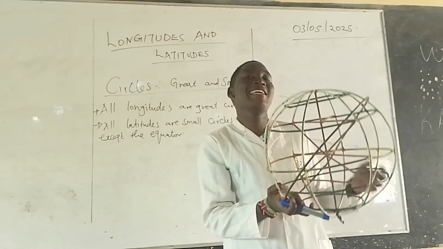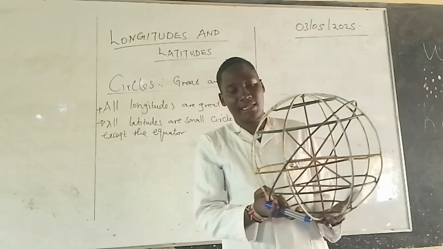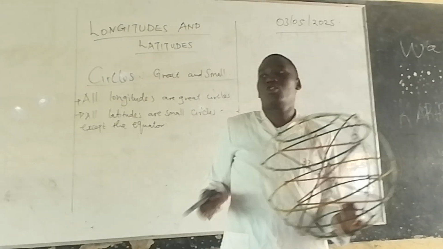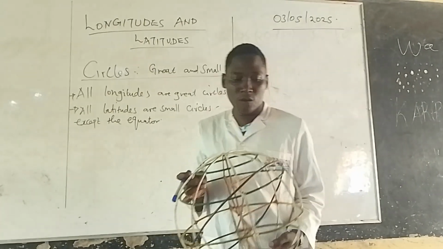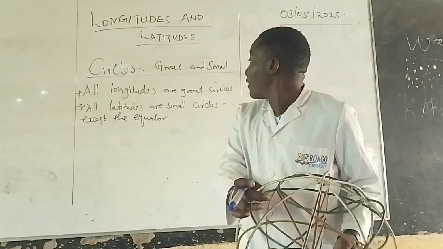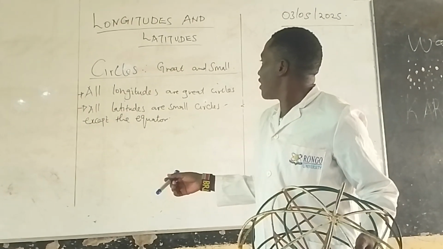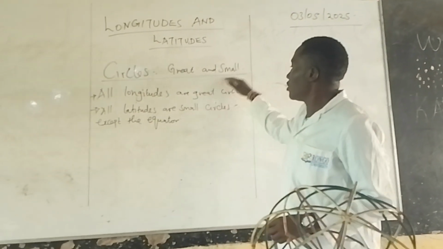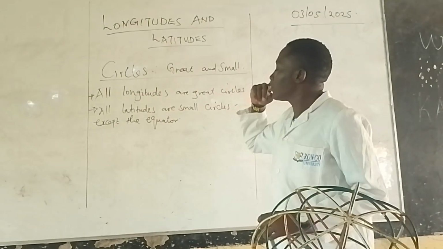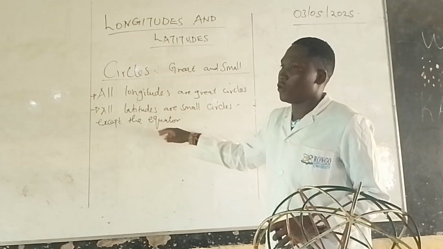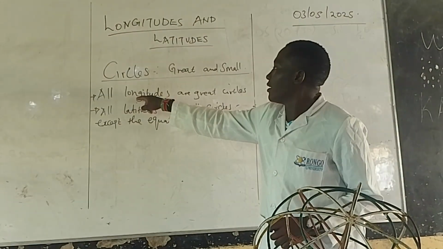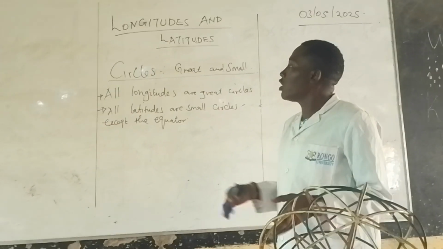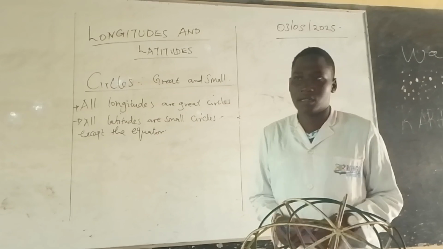Then there is one interesting latitude, the equator, that divides the globe into two equal parts. So they are the great and the small circle. You need to understand that the small circles are latitudes except the equator, but all the longitudes are great circles.